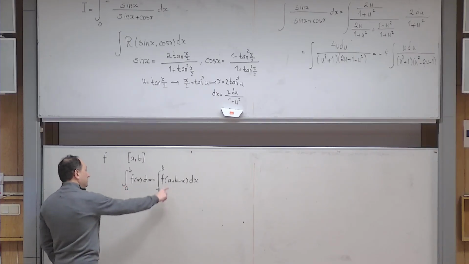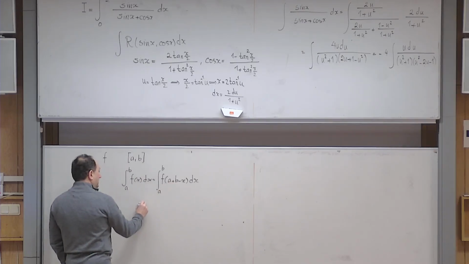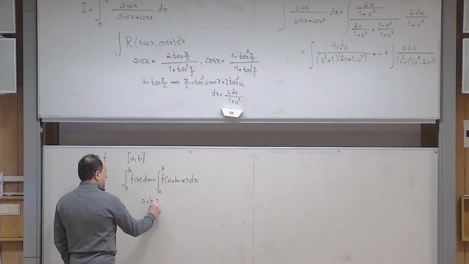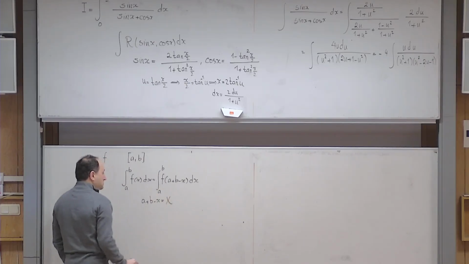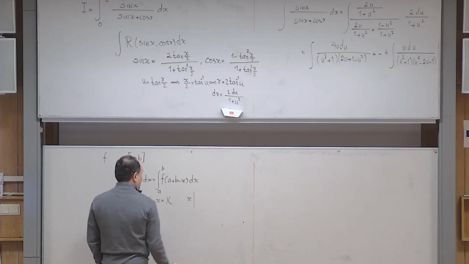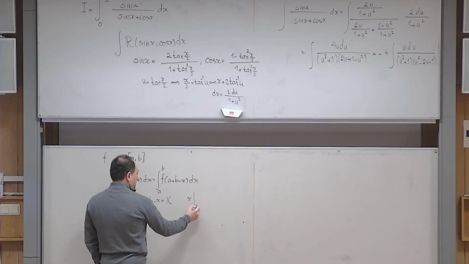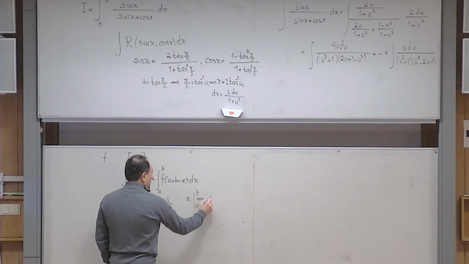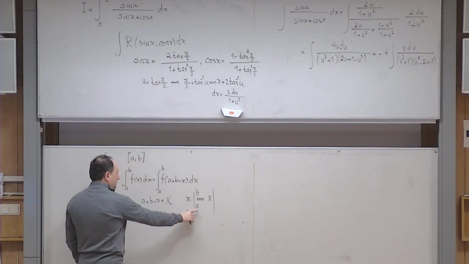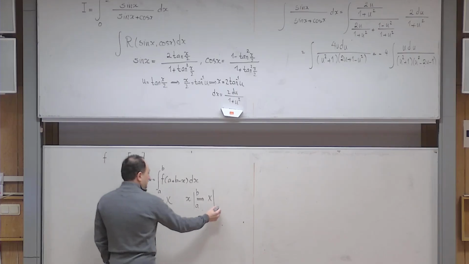For example, if I want to start from here, I can call a plus b minus x capital X. Then I would say that my little x goes from a to b. So if little x is a, capital X becomes b. Yes, x goes from a to b. This implies that capital X, if I put a here, b is left.